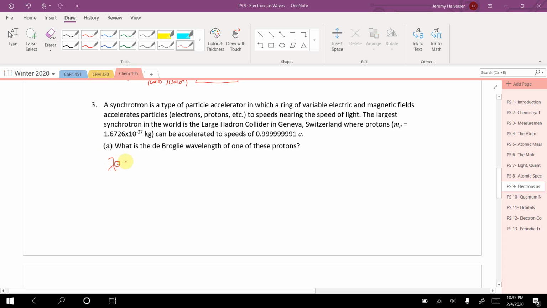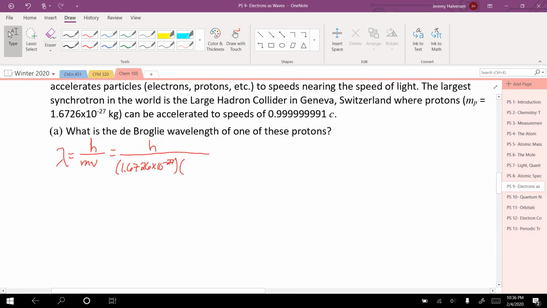So, de Broglie wavelength, that's the mass, 1.6726 times 10 to the negative 27. What is the speed? How many 9s are there? 1, 2, 3, 4, 5, 6, 7, 8 times the speed of light.